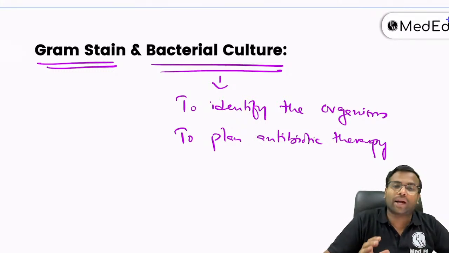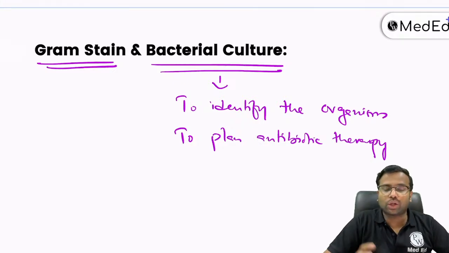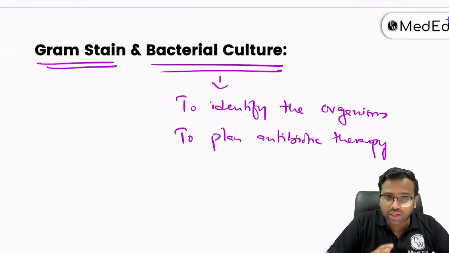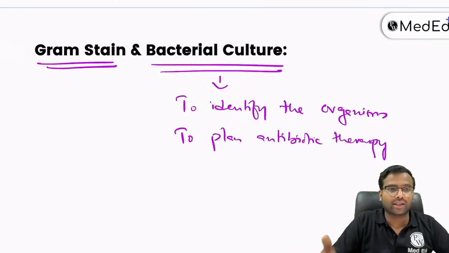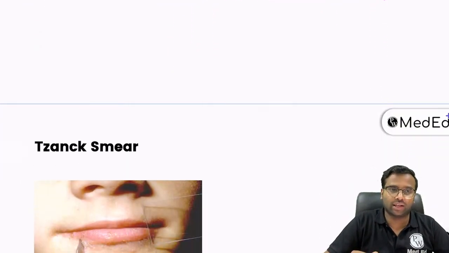So we can do a bacterial culture and sensitivity test. We can also do a gram stain to identify whether it is a gram positive or gram negative bacteria. So this is another test which can be done to diagnose a bacterial infection.